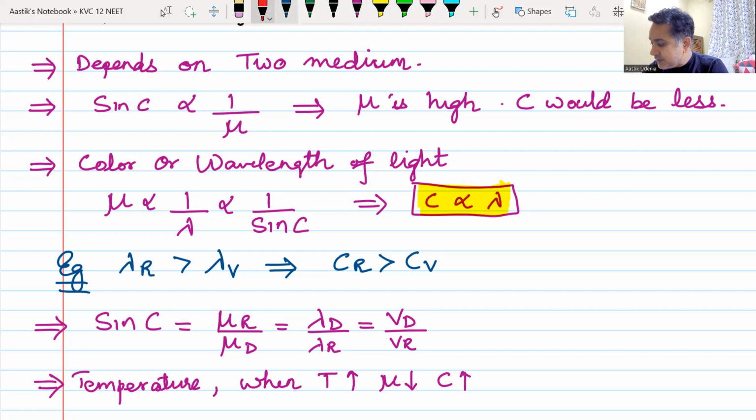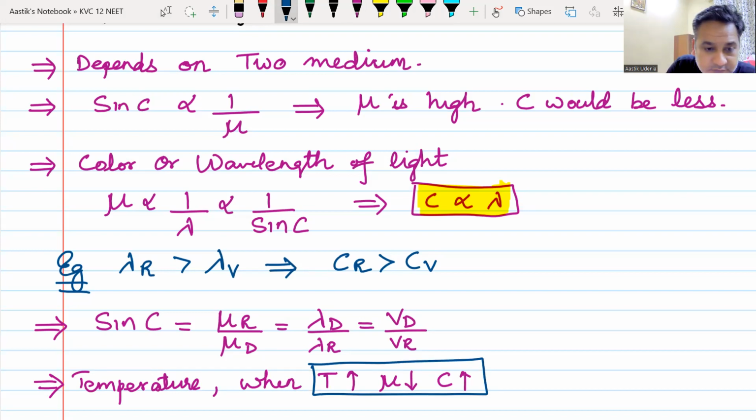Again, one information-based thing that if you know, then you know. If you don't know, then you don't know. It's as simple as that, my dear friends. Have you noted it down?